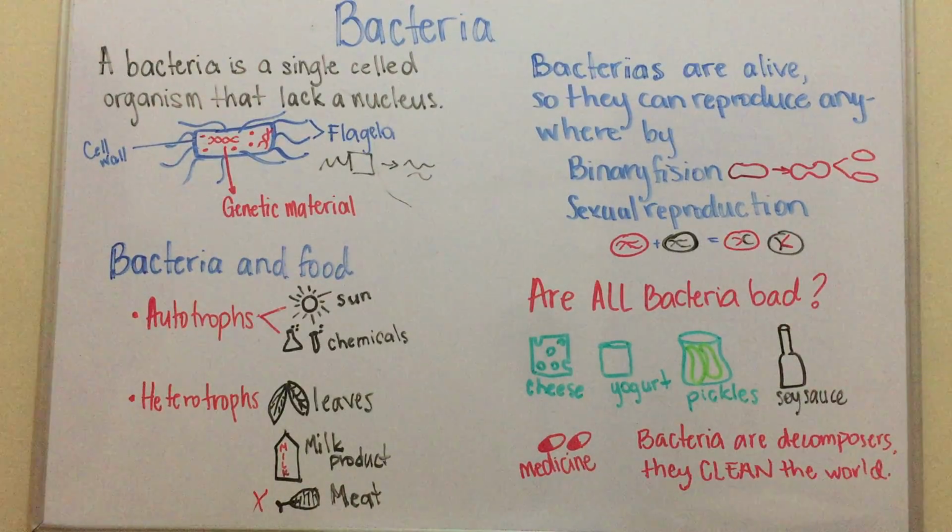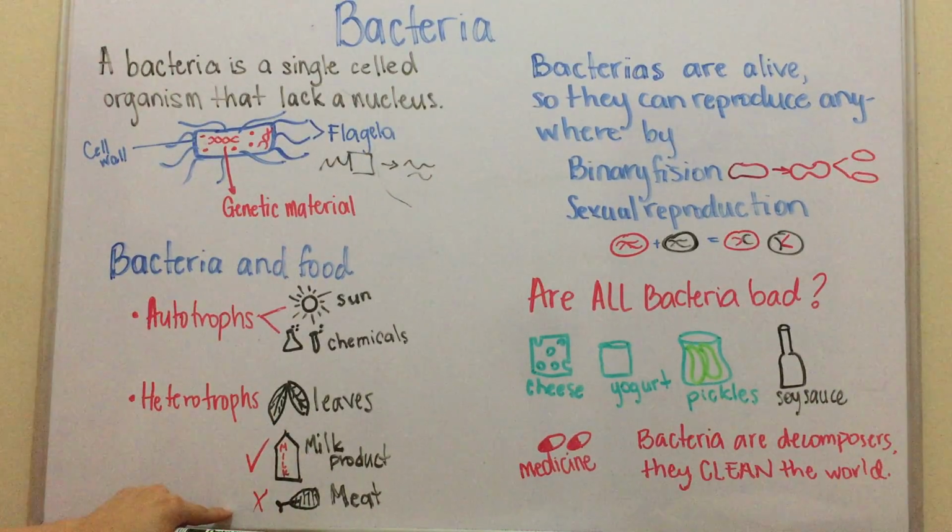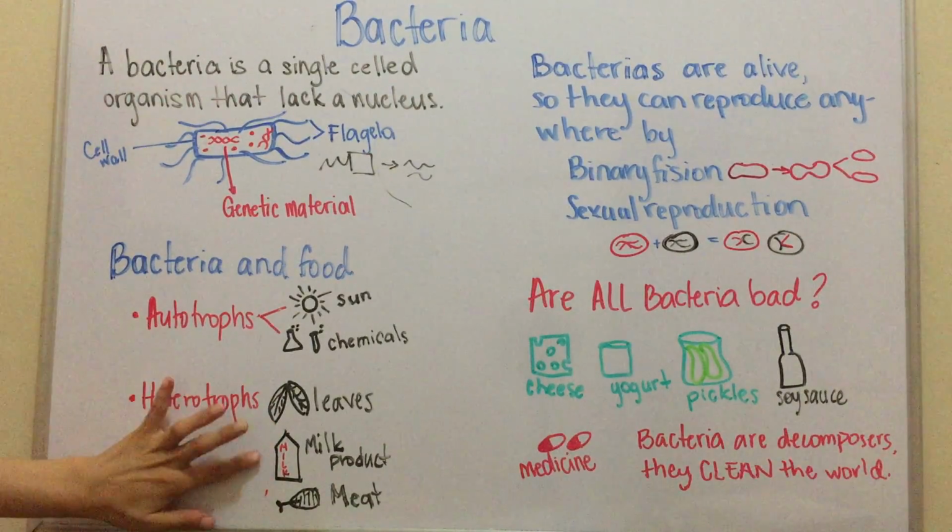They're bad for you. But the ones that live on milk, they're very good. But this doesn't mean that you're not able to eat meat. You can eat meat, of course, and your body needs it because you need proteins. This just means that you need to wash it well before you eat it, and you need to cook it well through.